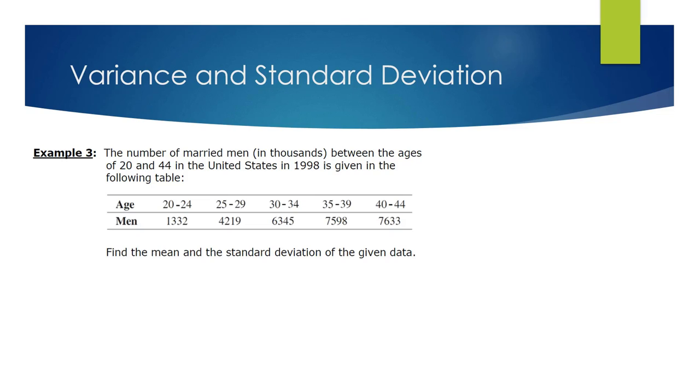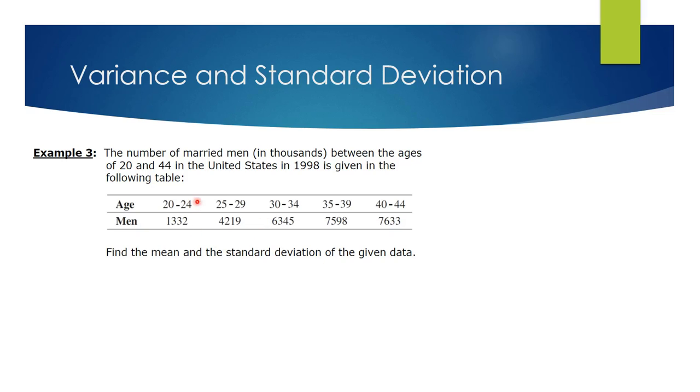And then again, we have numbers here. We need probabilities. When you deal with a situation where you're given ranges of scores or ages or whatever the case may be, what you need to do first is come up with a representative from that group.